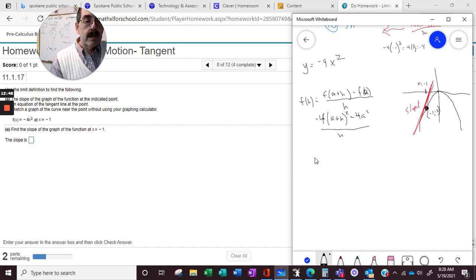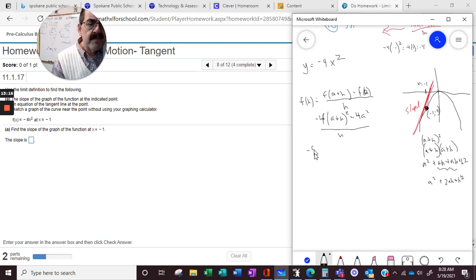Now the hard part. Do it over here. a plus h squared. That's a plus h, a plus h. So we have a squared plus ah plus ah plus h squared. Combine those: a squared plus 2ah plus h squared.